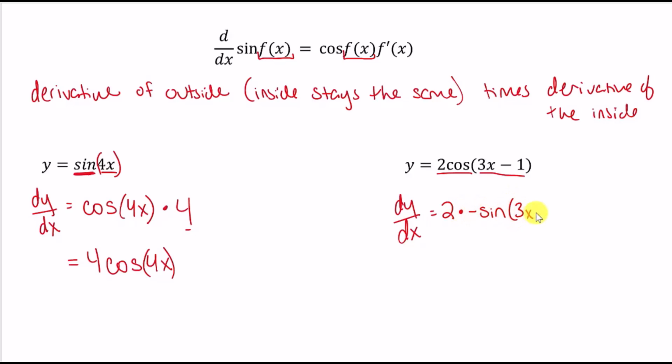Inside stays the same, times the derivative of my inside, which is going to be 3. Okay? Notice that whatever's in your trig function here will be in your trig function here. That's not going to change. And then here I have 2 times 3, and I also have this negative, which is like having a negative 1. So I'm going to multiply those. I'm going to get negative 6 sine of 3x minus 1.